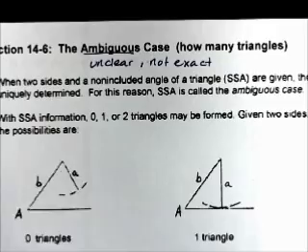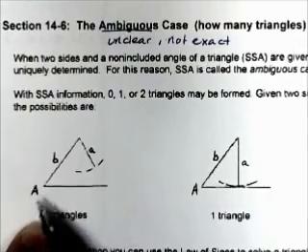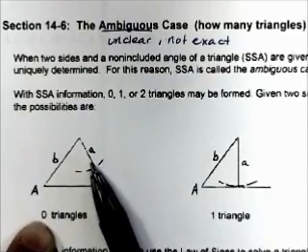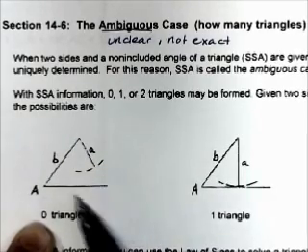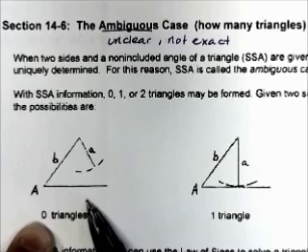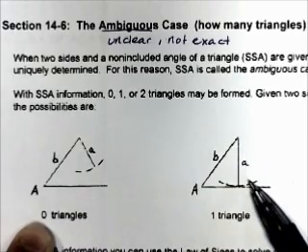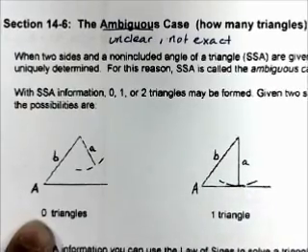Given two sides, a and b, and an angle A, the possibilities are, well, it may be such that the length of that second side, in this case side a, is not long enough to even form a triangle. So there's 0 triangles here that can be constructed. Or the length of that second side a may be just such that 1 triangle may be constructed.